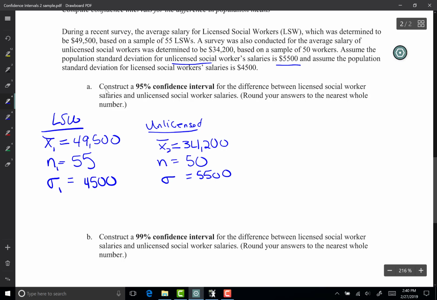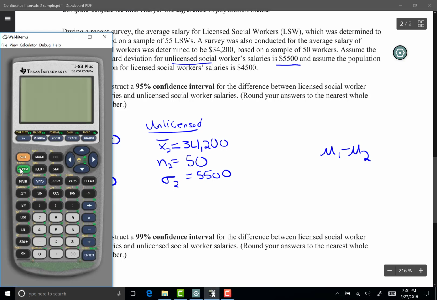We're going to use a little subscript of 2 for these. So what we're really estimating is the difference in the population means.